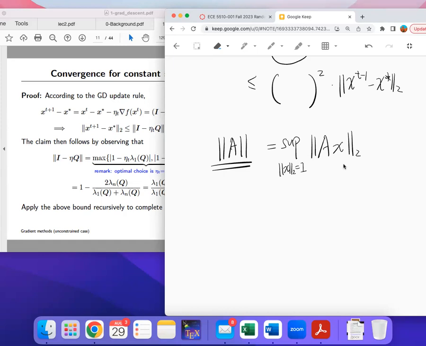You are stretching the vector in the strongest way, right? So that is called the largest singular value. Along that direction, your vector can get amplified the most, right? And then you have the second largest singular value, and so on.